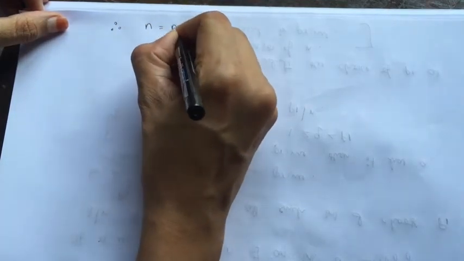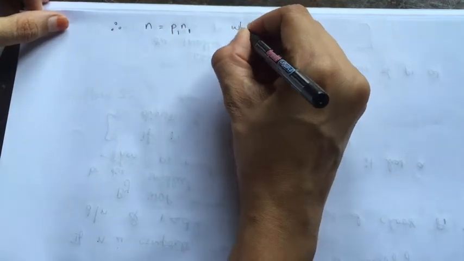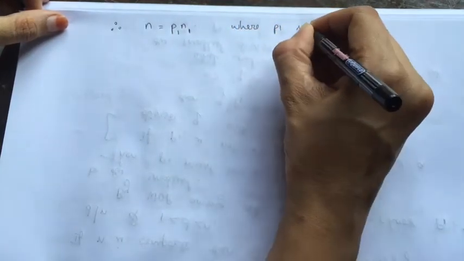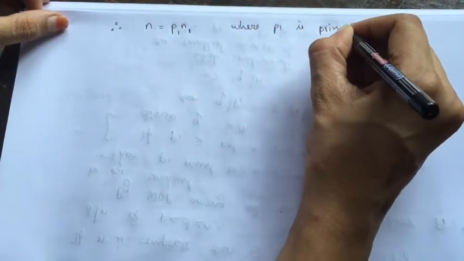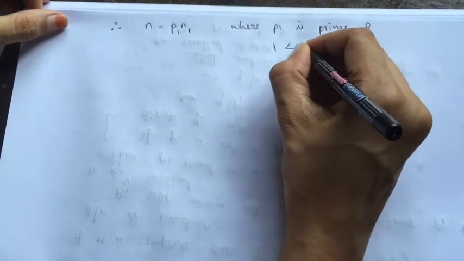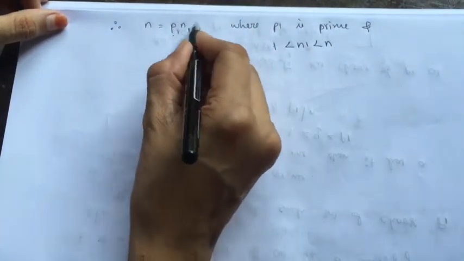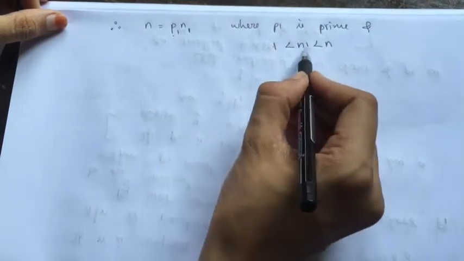Therefore, we can write N as P1 into N1, where P1 is prime and N1 is less than N. Some times of P1 gives me N, that sometime I'm denoting it as N1.